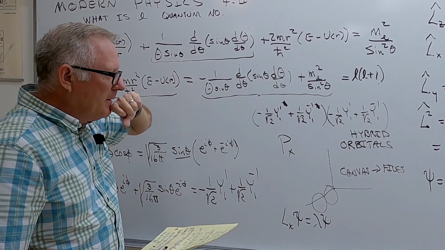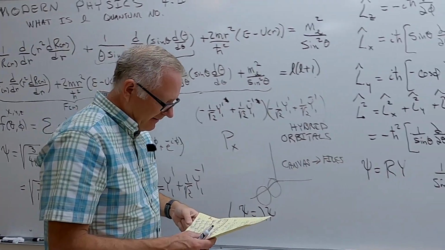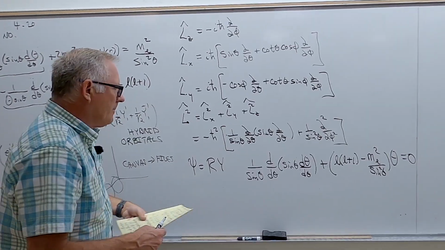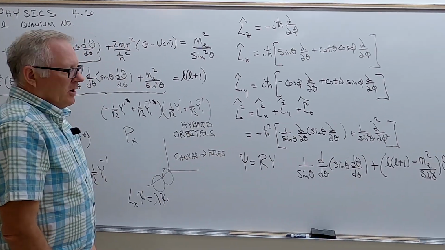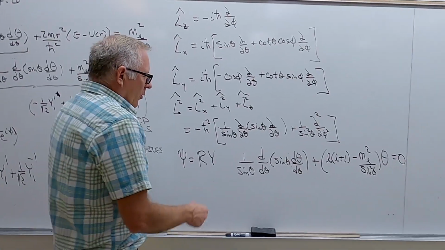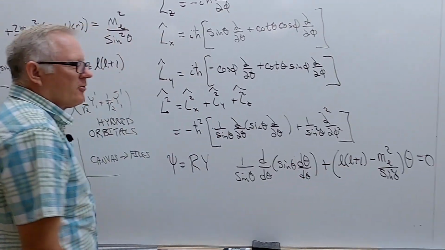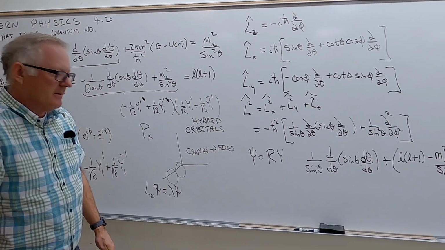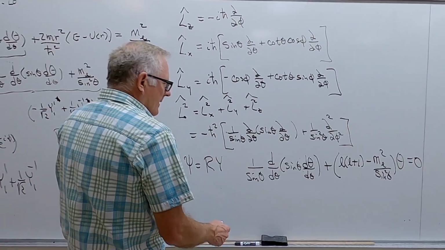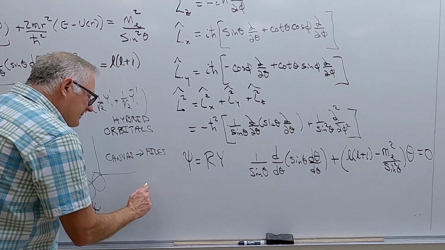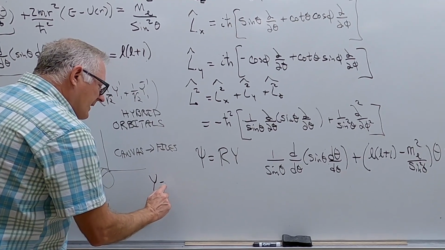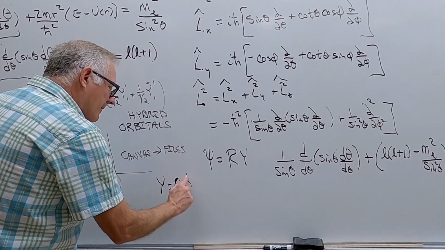Remember, we want to get the meaning of what this L is right here. Well, suppose we were to multiply everything through by my big phi. Because remember, y was equal to theta times big phi.